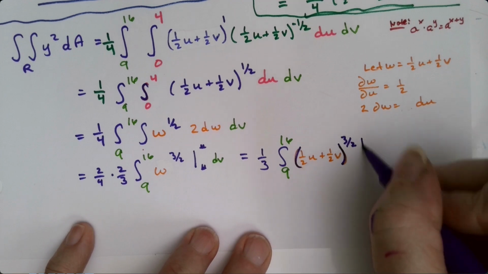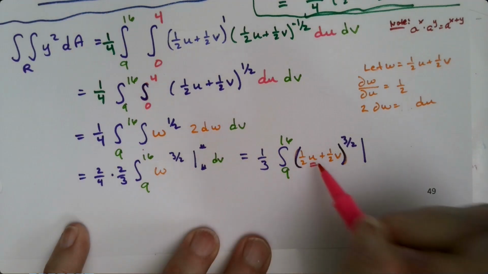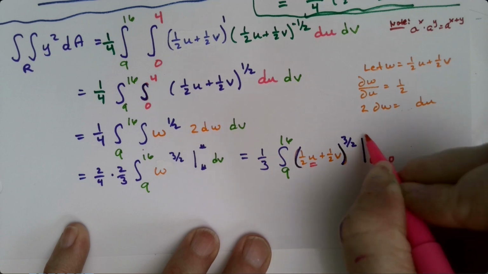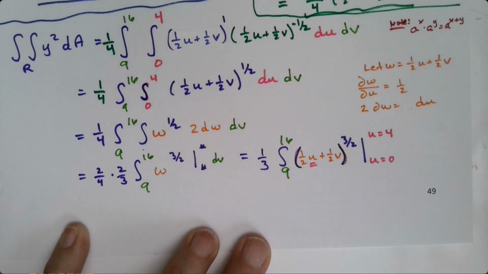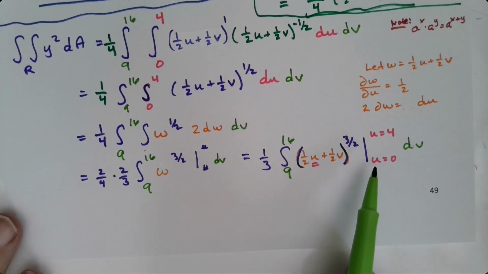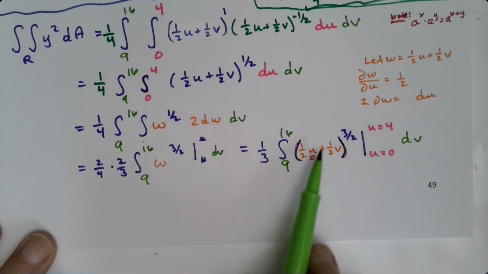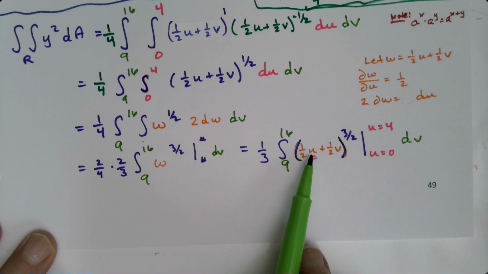And I'm going to take that from, now I can put the numbers in, right? For w, I didn't have them, but now when I put u in, I have u. u is 0 and u is 4. This is why we did the u first, dv. So 0 is really easy. 4 is not too bad either. 1/2 times 4 is 2.